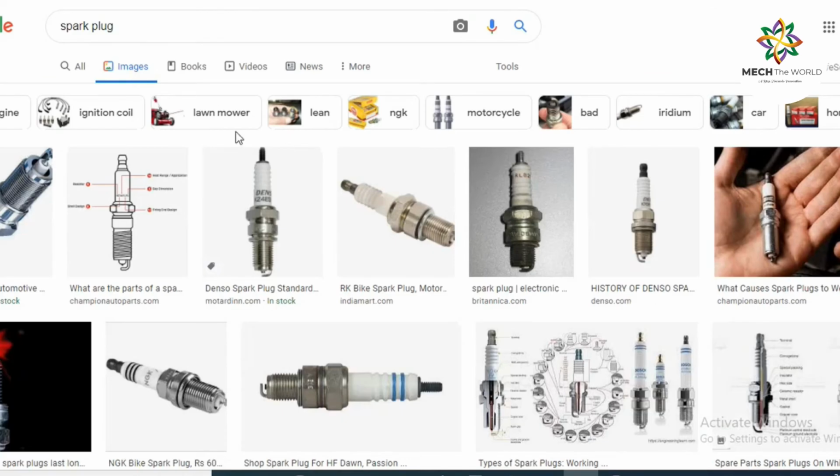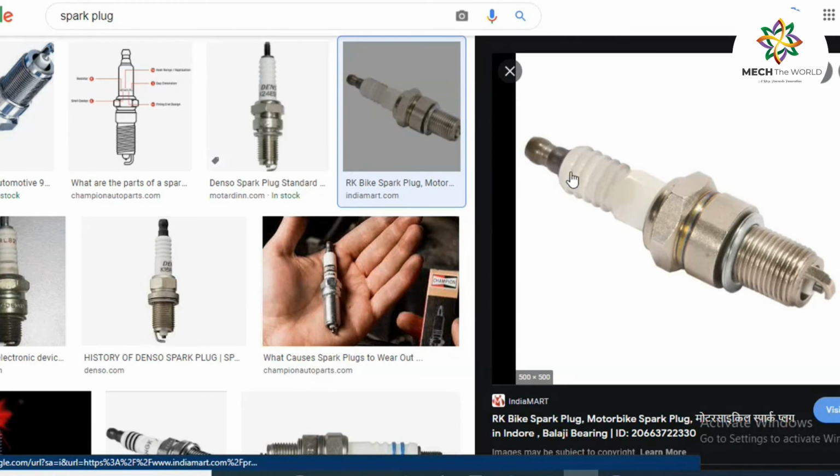I will try to show you how spark plugs look like. So this is your spark plug, and this white color portion is your ceramic. This portion gets inserted into the piston cylinder mechanism.